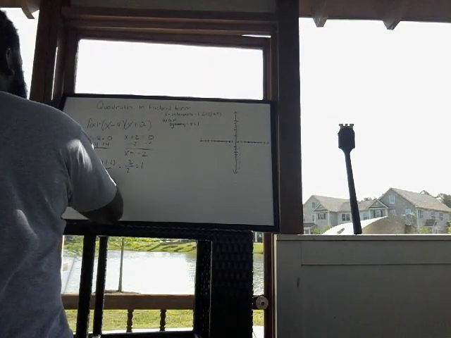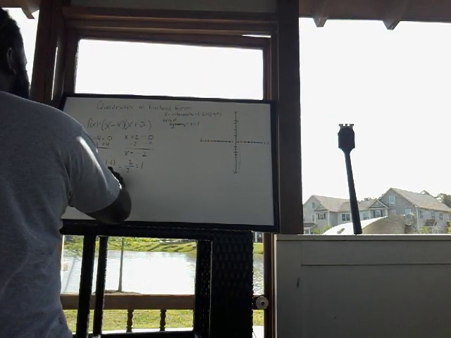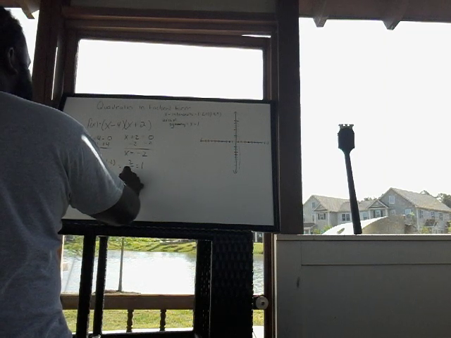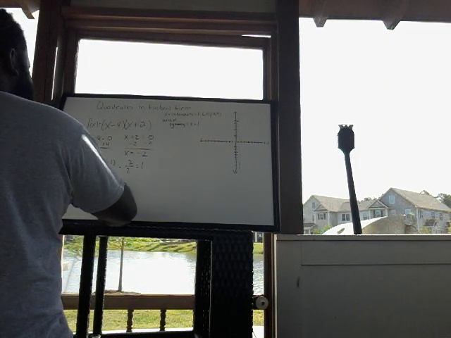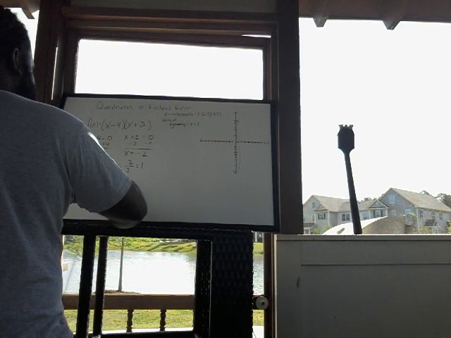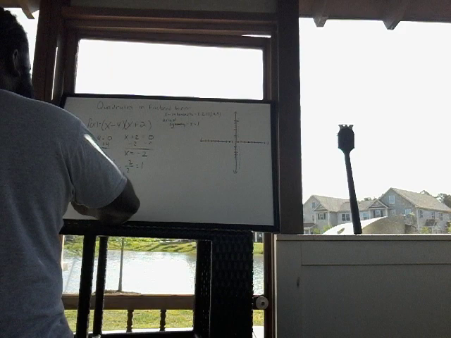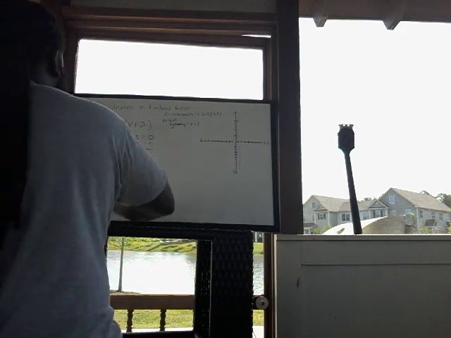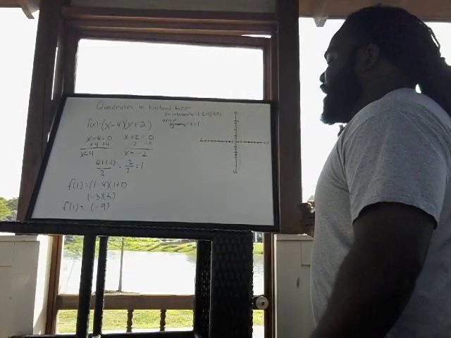So when x is +1, that gives me 1 minus 4, and 1 plus 2. That gives me -3 times +3, which gives me -9. So when x is 1, my y is -9.